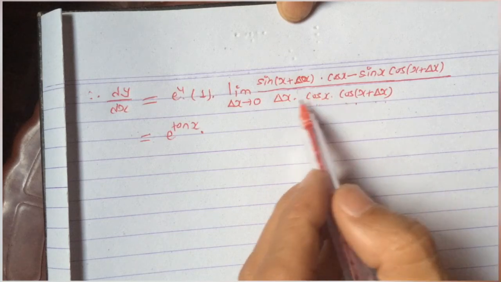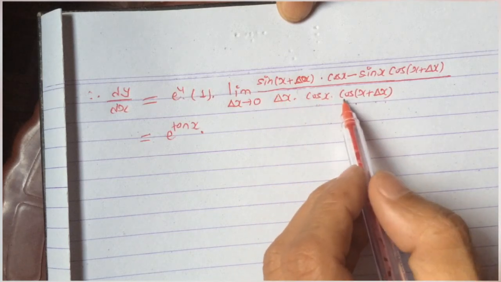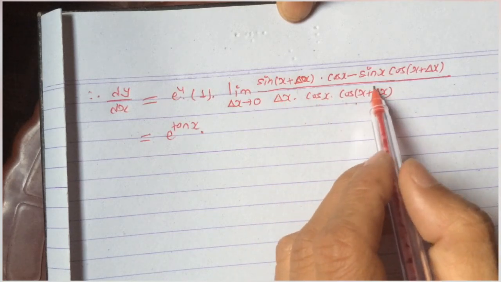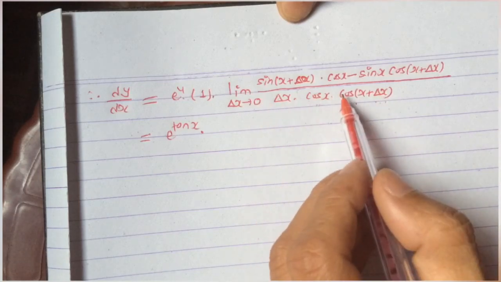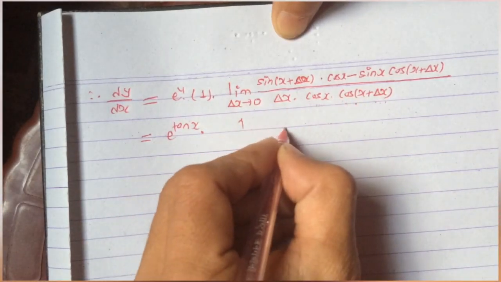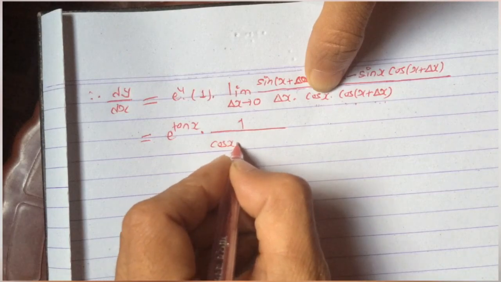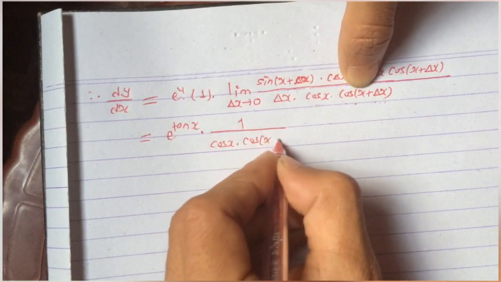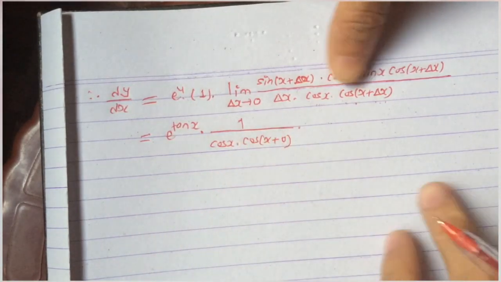Now cos x is not a function of del x, so you can take it out from the limit, and in cos(x plus del x) you can use the value of del x as 0, so that you get 1 by cos x times cos(x plus 0) out of the limit.